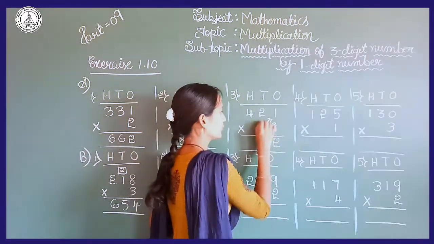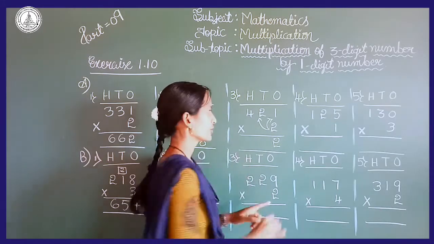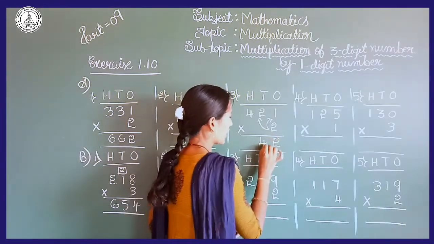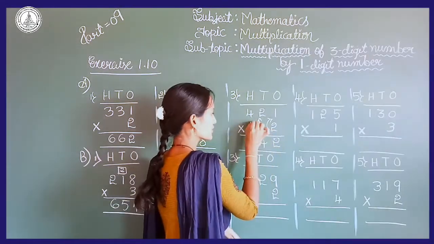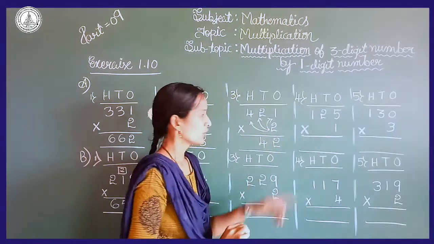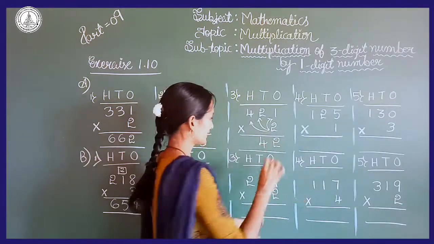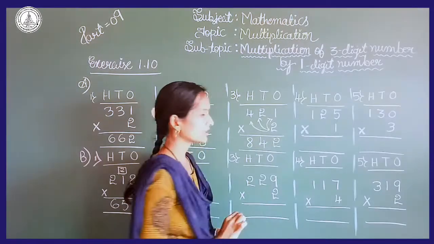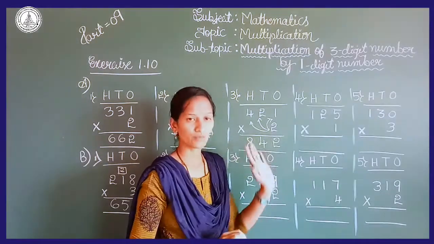The next, 2 2s are 4. So write down this 4 under the tens column. The next, come to the last column, that is hundreds. So 2 into 4. 2 4s are 8. Write down here 8. So 842 is our product.